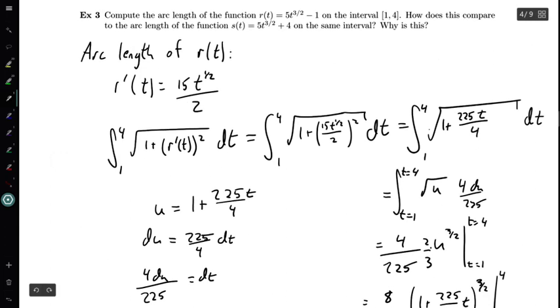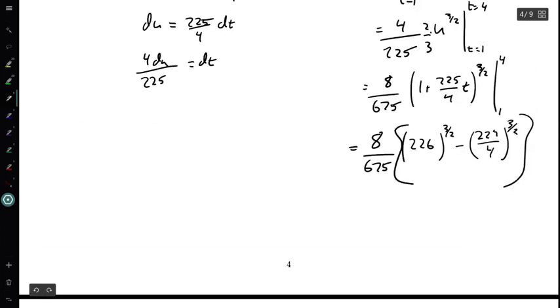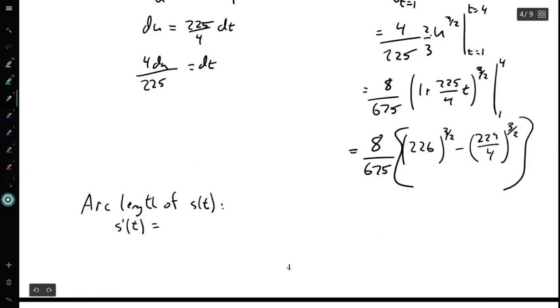So we finished the arc length of r of t, so maybe we also want to think about the arc length of s of t. Notice here that s prime of t is the same as r prime of t. S of t, if you remember, is 5t to the 3/2, so s prime of t is also going to be 15t to the 1/2 over 2.